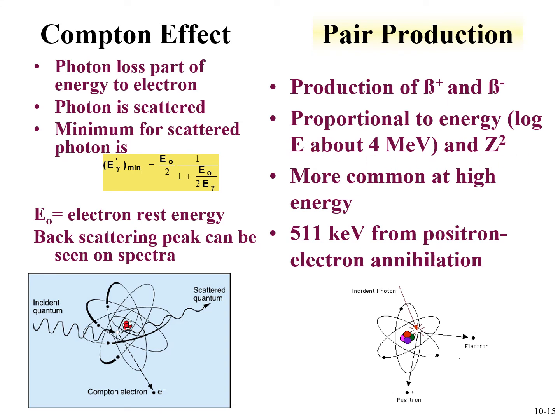You need at least a 1 MeV photon for this to occur, because you have to create both the positron and electron. This higher energy route is less common with a photon produced through gamma decay.